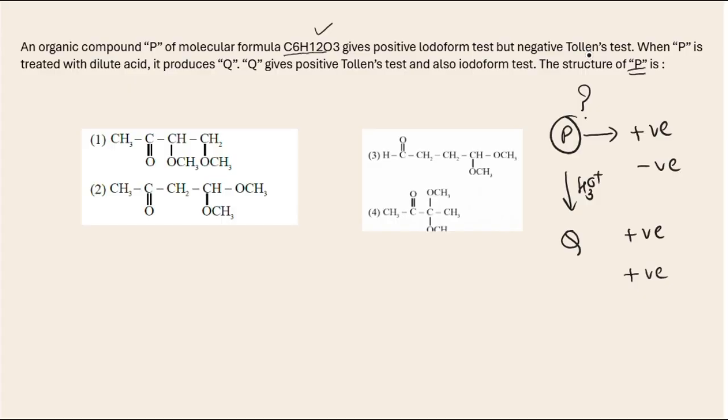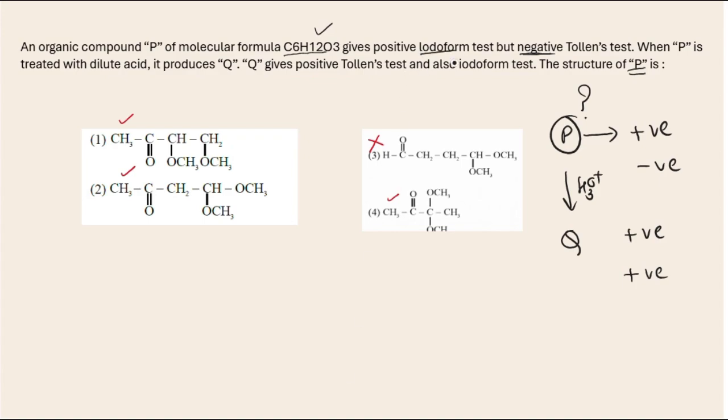When a compound is treated with ammoniacal silver nitrate and it forms a silver mirror, we call it a positive Tollens test, and it's possible only for aldehydes, right? Here it's given as negative. So negative could be this ketone, or this ketone. Whereas the molecule given in 3 will give positive Tollens test. Therefore, you can eliminate the third option.